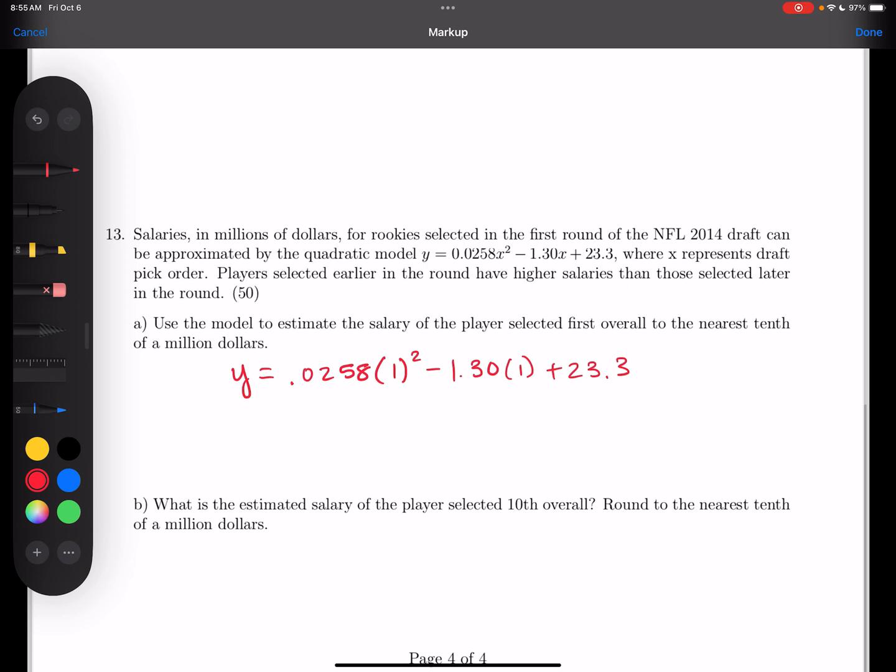This is one of those sections where you're going to want to use your calculator to type stuff in. But this actually comes out nicely to be $22 million. I'm writing million just because it's obviously not 22, and it says it's in millions of dollars, so I want to make sure I specify that.